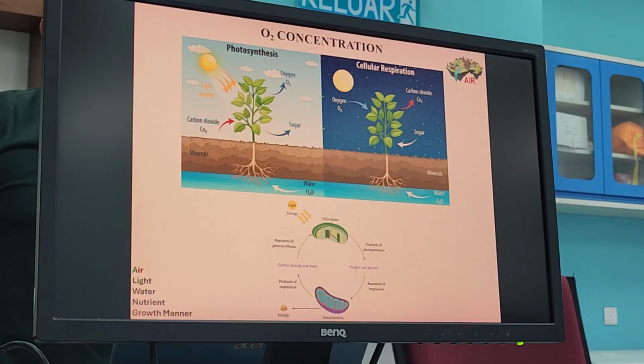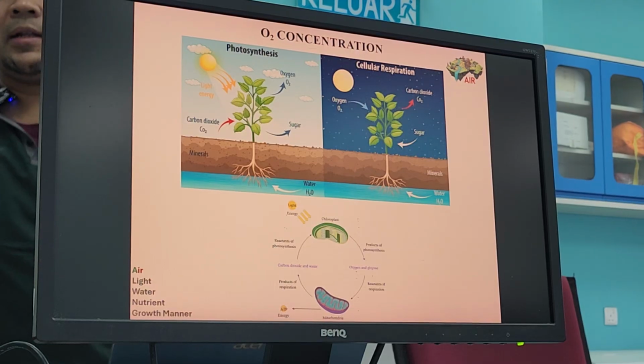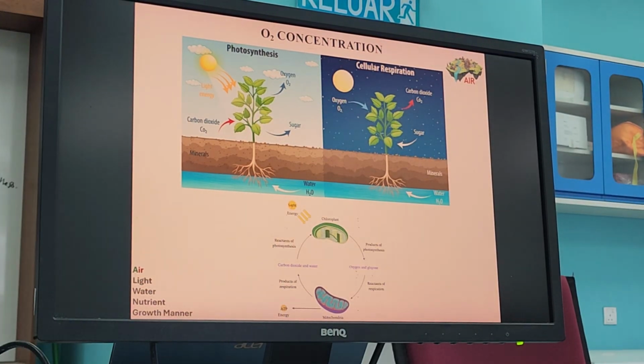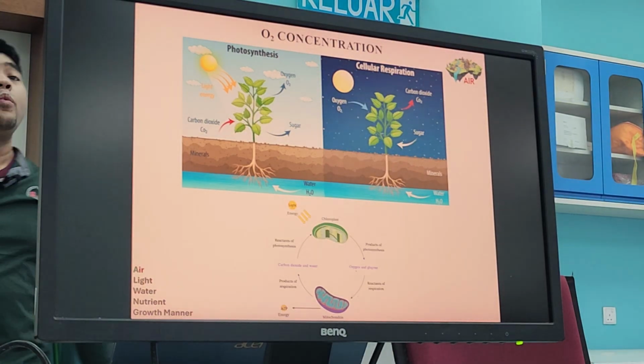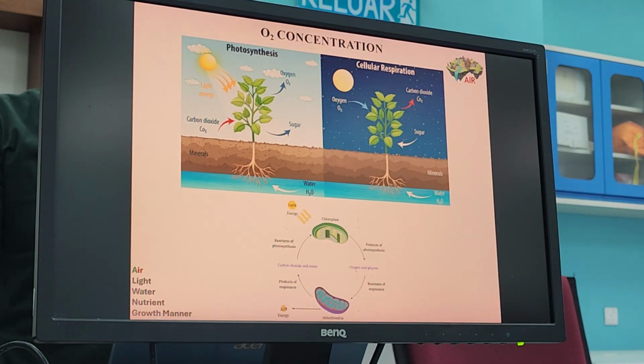All right. Oxygen, of course, we need oxygen, plants need oxygen, and that is actually one of the important ingredients when we are dealing with mitochondria, cellular respiration. Without oxygen, you cannot do aerobic respiration. Plants cannot do aerobic respiration too.